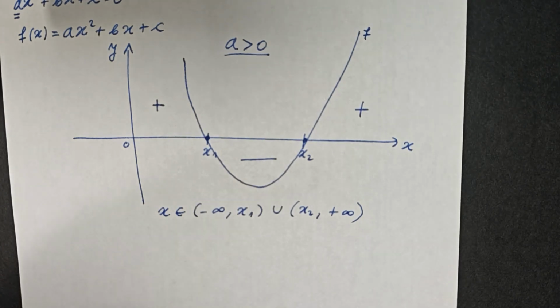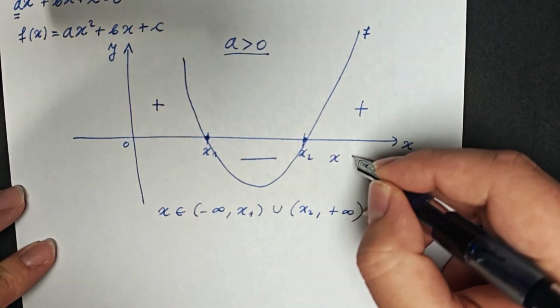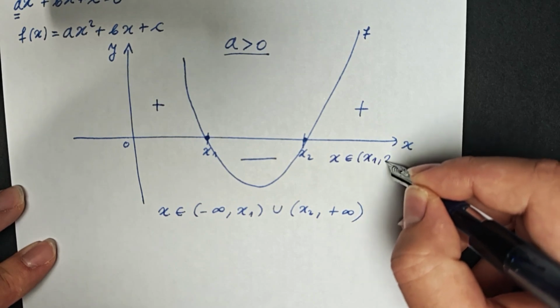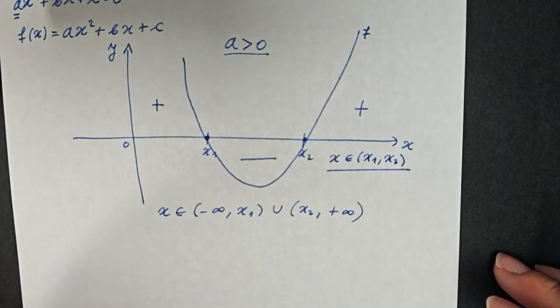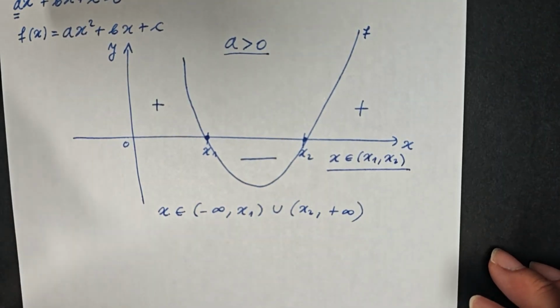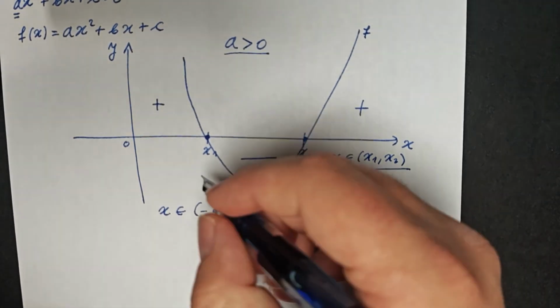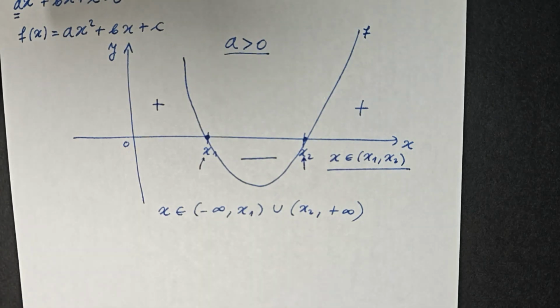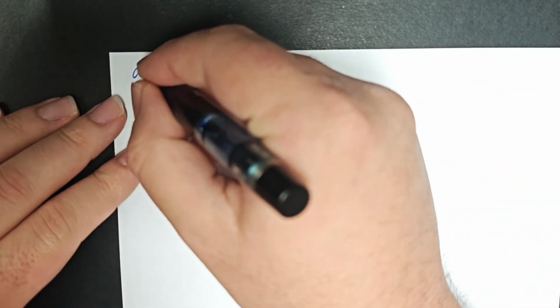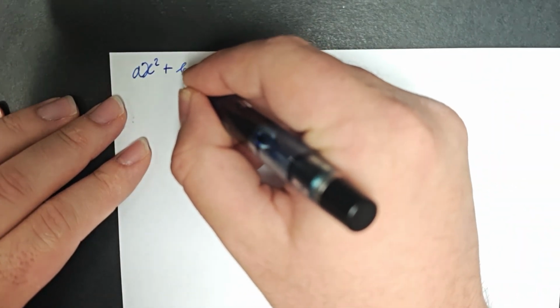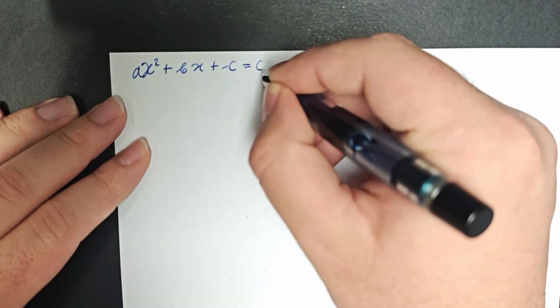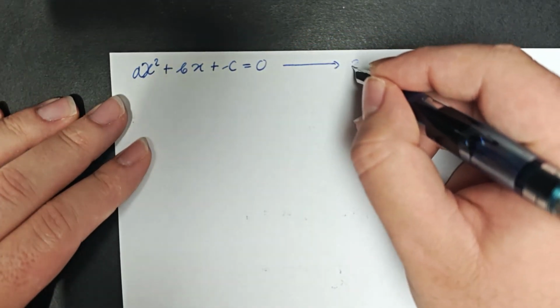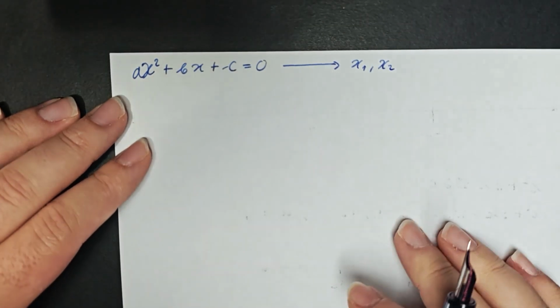And that is the interval where x is from x1 to x2. Those are the negative values. Zeros, those are the x1 and x2 dots. So in the quadratic equation ax squared plus bx plus c is equal to 0, zeros are x1 and x2.